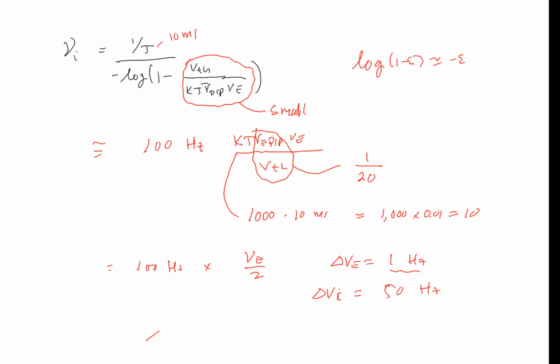So the upshot of this is that a small change in average firing rate implies a large change in postsynaptic firing rate.